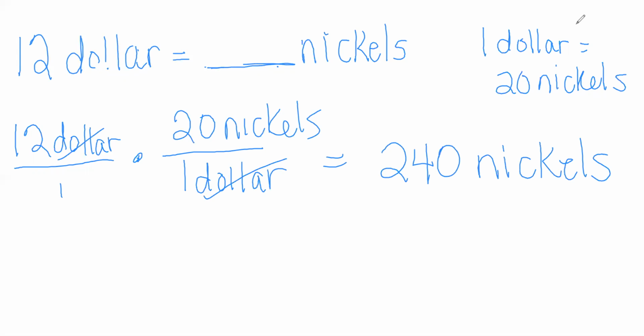All right, let's see what we can look at now. Let's look at another length example. All right, let's say we have 3.5 inches. 3.5 inches is equal to how many centimeters?